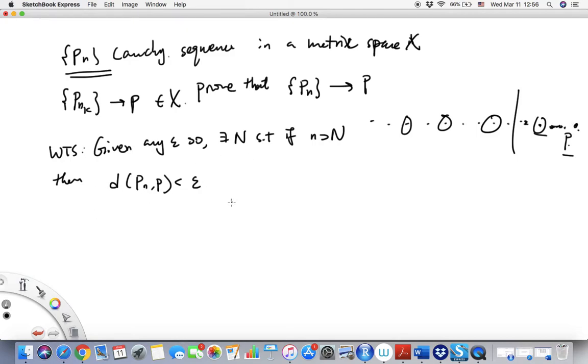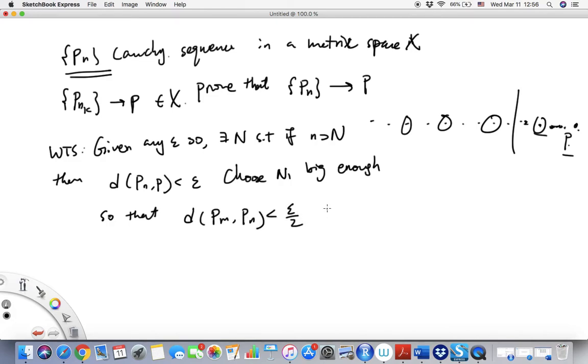So how do we put that into a rigorous statement? We know Pn is Cauchy, so we can choose, say, n1 big enough so that the distance between Pm and Pn is less than epsilon over 2 for m and n bigger than n1.